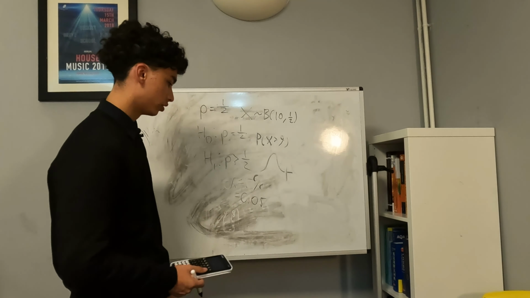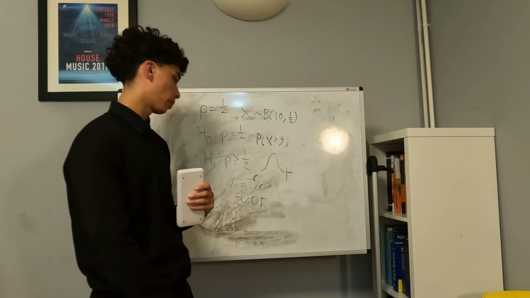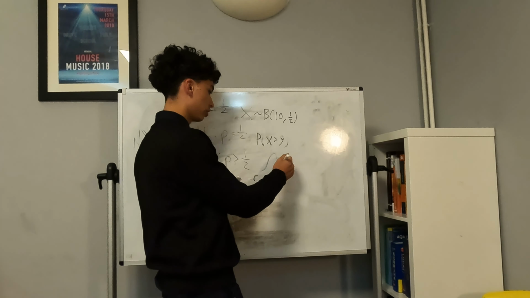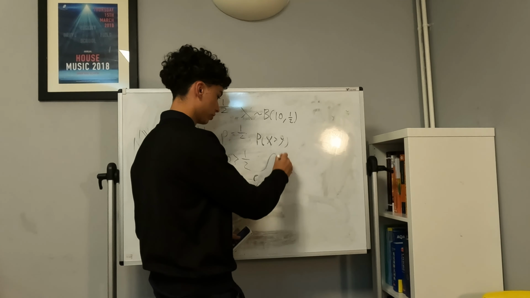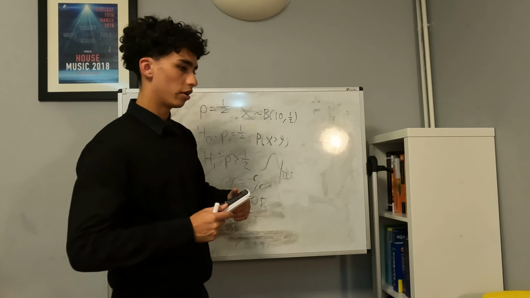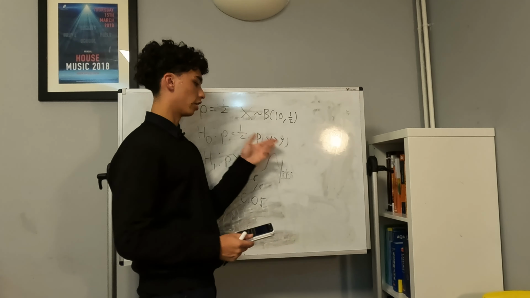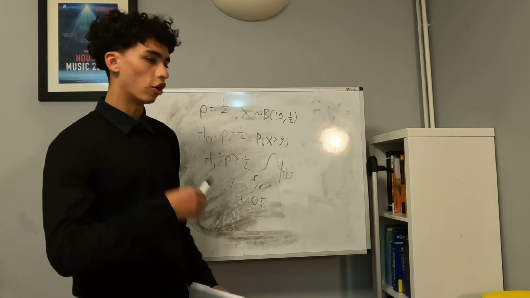Obviously 0.01, rounded, is going to be below 0.05. And using our knowledge, let's say 0.05 is here, this region. Our probability of getting 9 or above is smaller than the cutoff region.